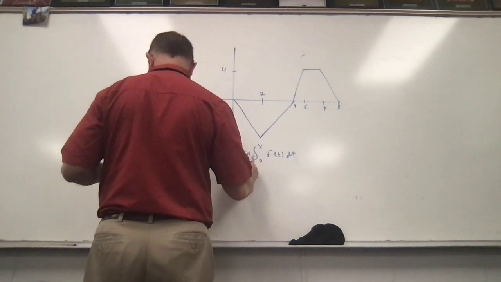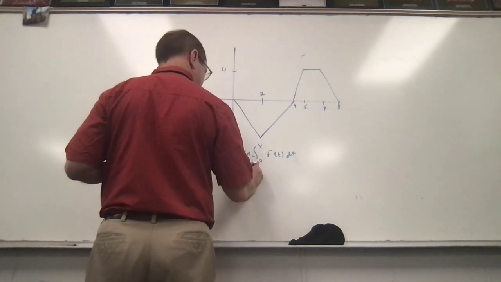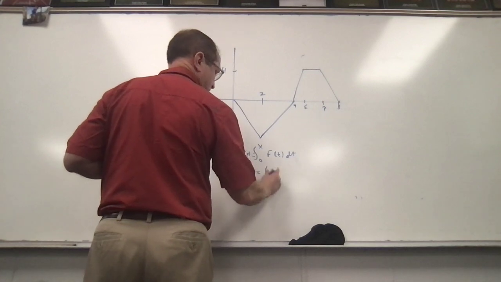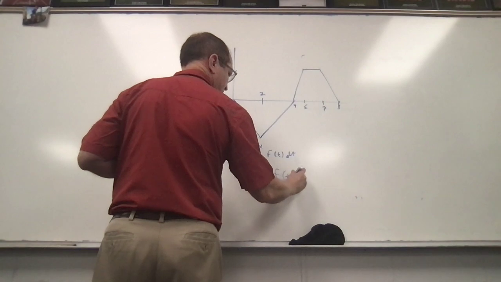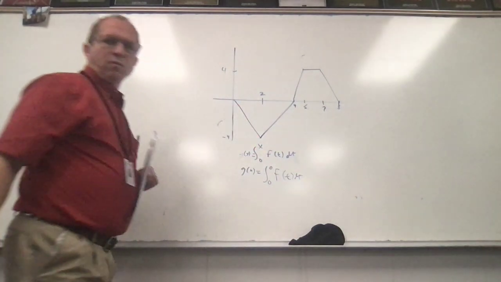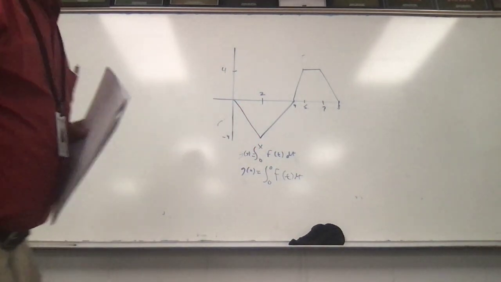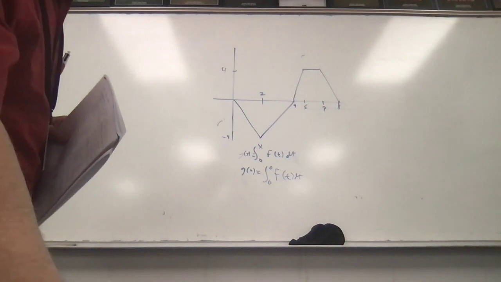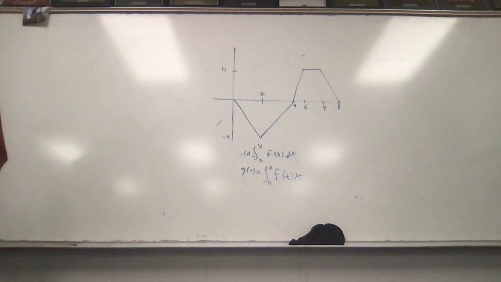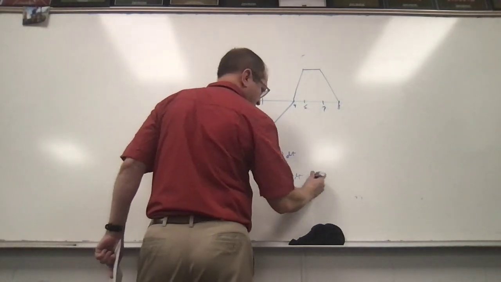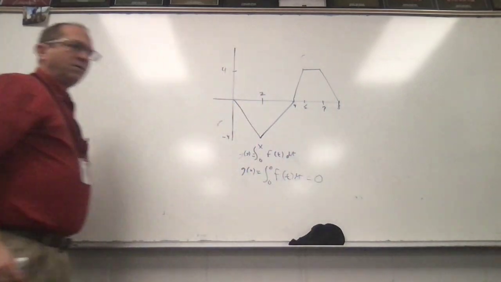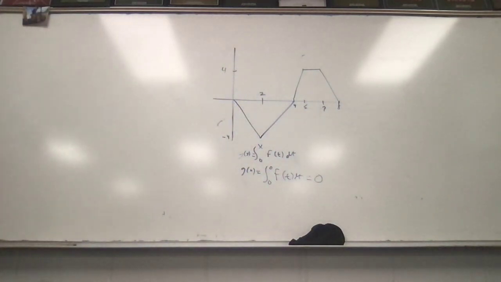Well, the first one wants us to calculate g of 0. So g of 0 means we're going to go from 0 to 0 of f of t dt. So what is that area when I go from 0 to 0 of that function? It's 0. Yeah. Remember, anytime your lower limit of integration and your upper limit of integration are the same, you've got an antiderivative value of 0.